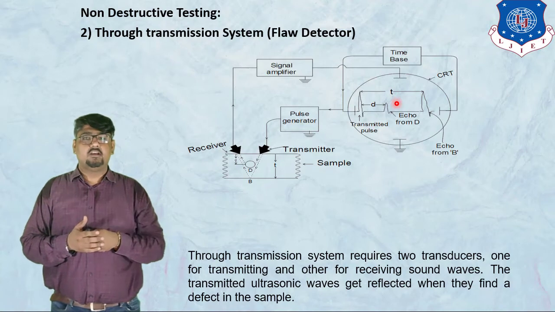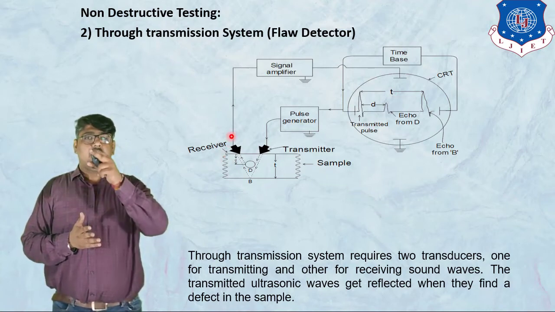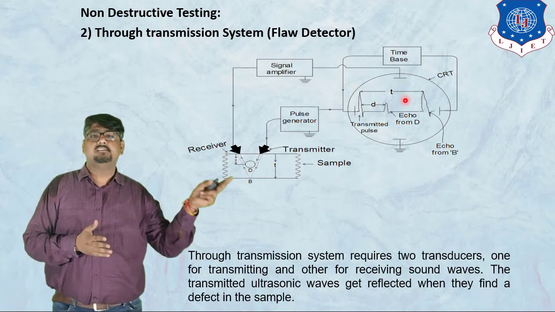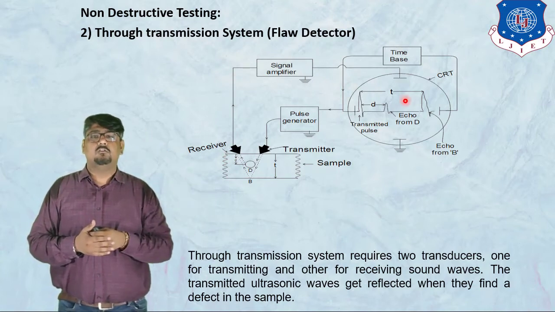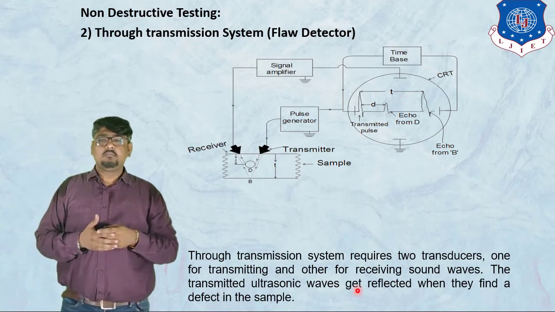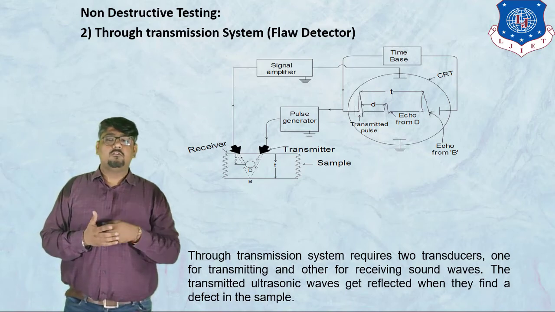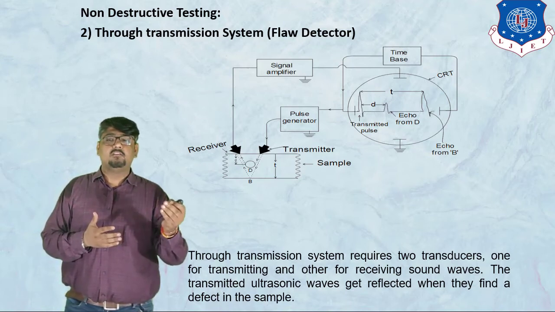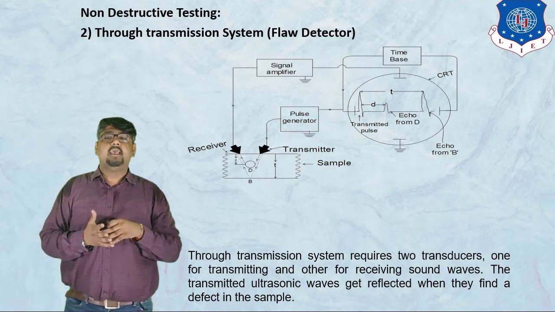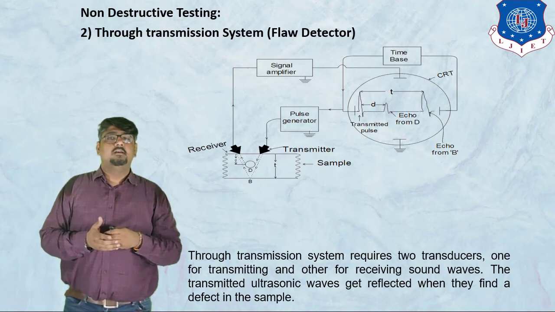You can see in the figure, the reflected waves are then amplified, and after amplification they are sent to the cathode ray oscilloscope. That is for the feedback. Then the time taken for the signal to come back is noted, and the exact size of the defect can be determined.